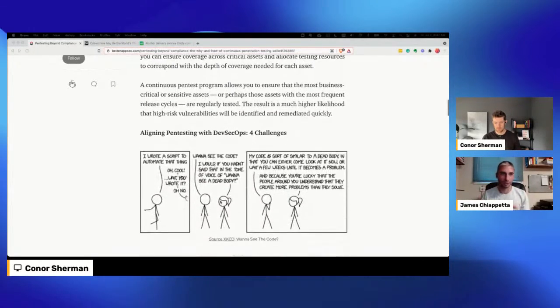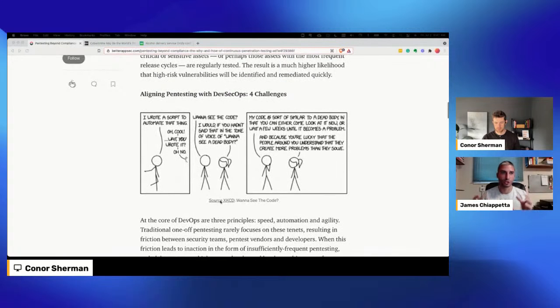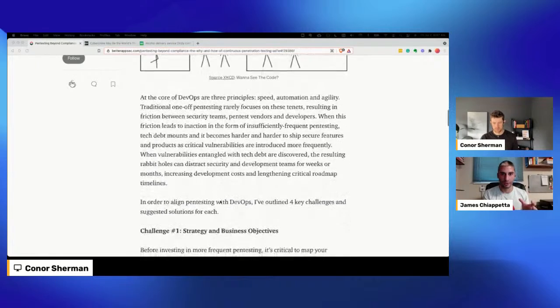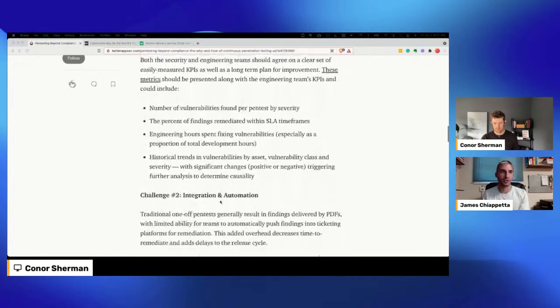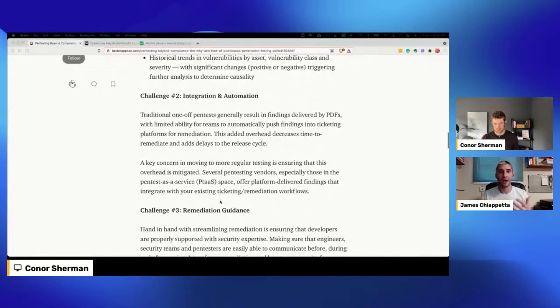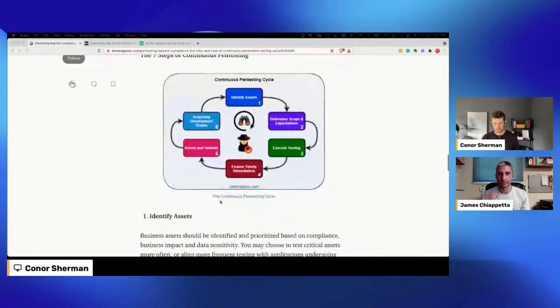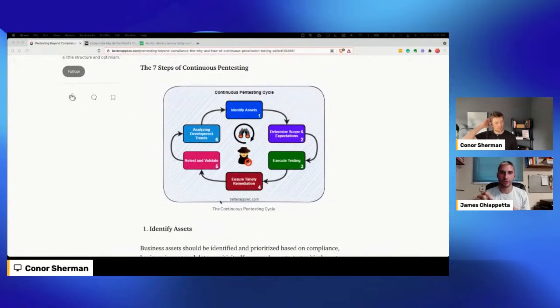So it's this holistic approach to getting really high value security vulnerabilities found on a continuous basis. And it's not that we're going to run a vulnerability scan. This is somebody doing an actual manual assessment.